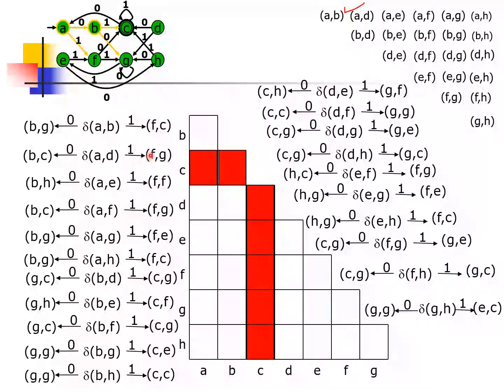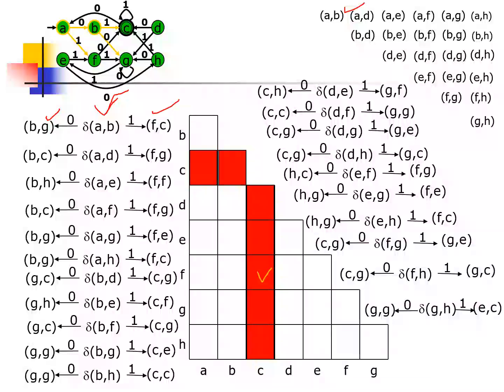Look at that. The first pair of states is AB. In this pair of transitions, either this or this, if any pair of states is already marked by red color in the table, FC, FC is marked by red color. Look at this. FC is marked by red color.